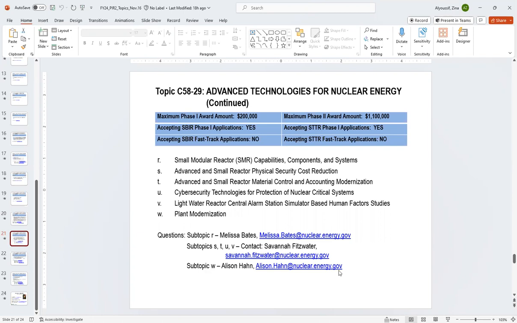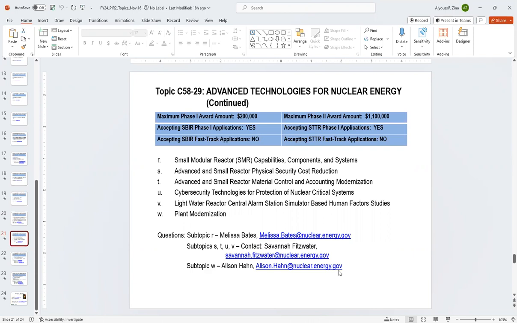But we are specifically looking for projects that can support these SMRs that are trying to be deployed in the early 2030s.